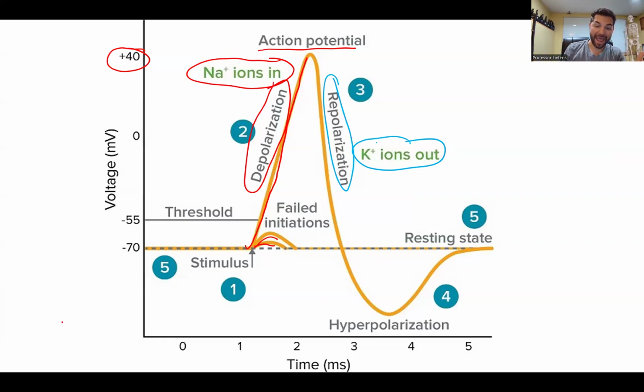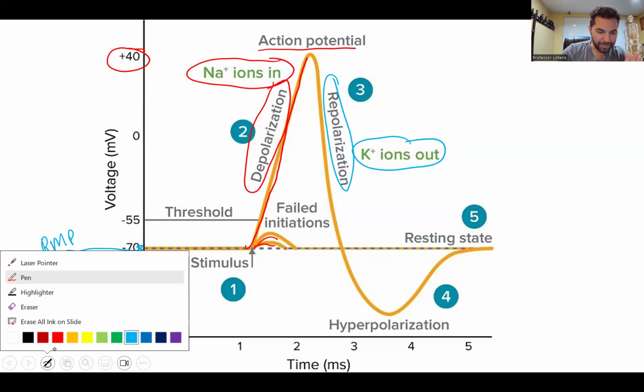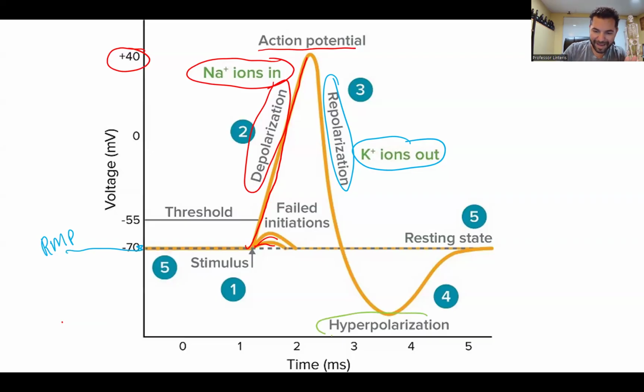That's what brings us back to our resting membrane potential. But it happens so rapidly that we have a small period of hyperpolarization, and then we will bring it back to the resting state via that sodium-potassium pump.